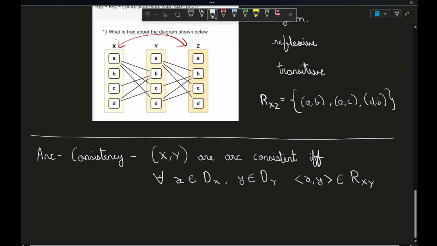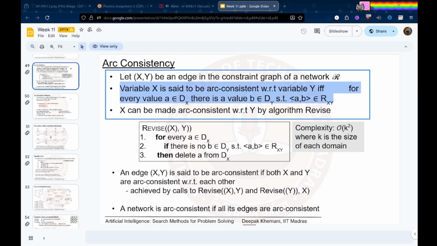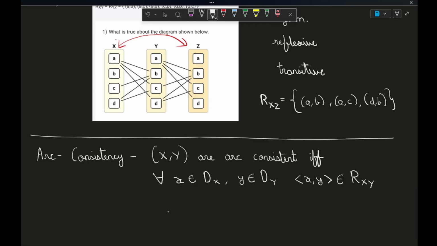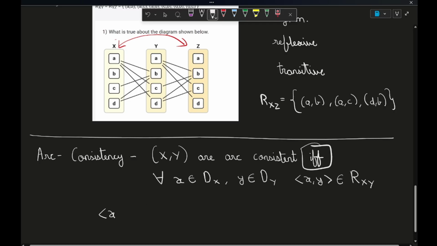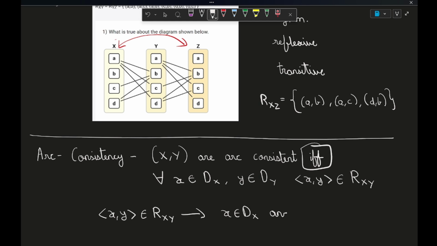If and only if for every variable there is a value such that x and b is defined. So this "if" is also important because it also means that for every pair of values that satisfy this, x belongs to D of x and y belongs to D of y.